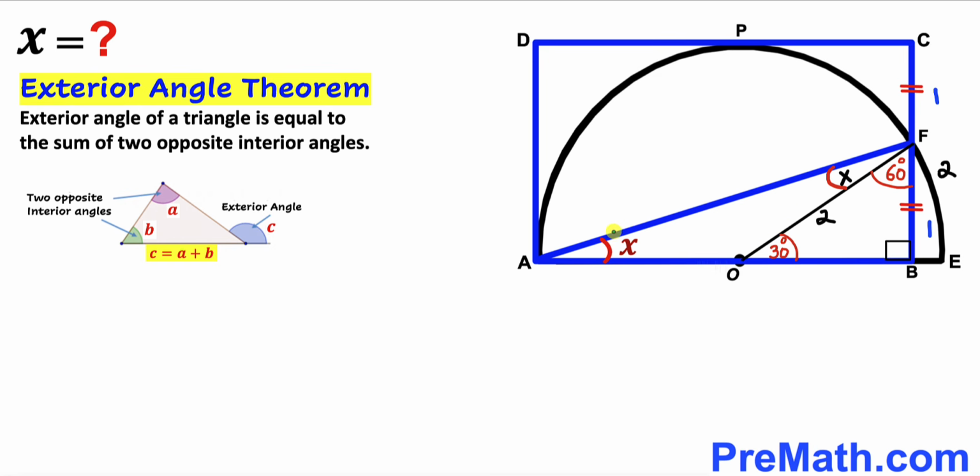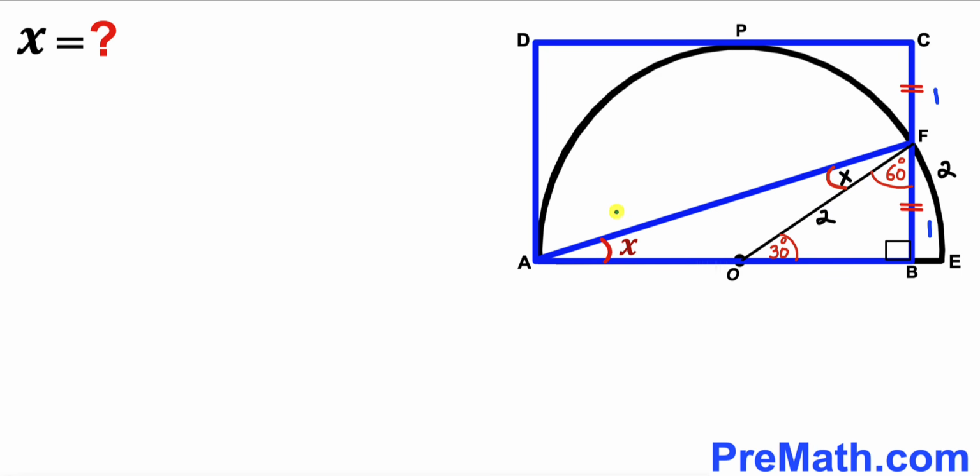That is going to be equal to the sum of these two opposite interior angles X and X. So X plus X gives us 2X. Therefore we can write 2X equals this exterior angle 30 degrees. Now I'm going to divide both sides by 2 to isolate X. Here 2 and 2 are gone.